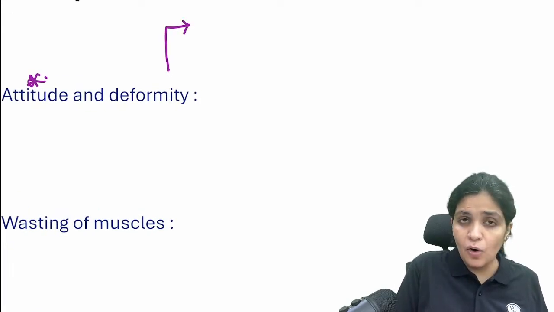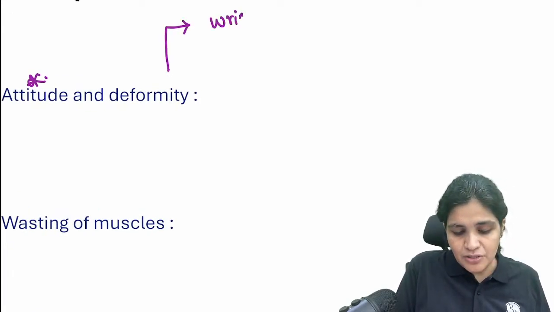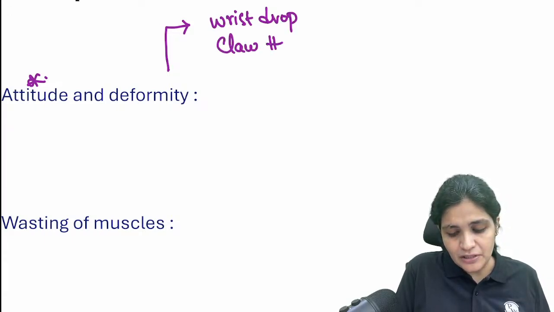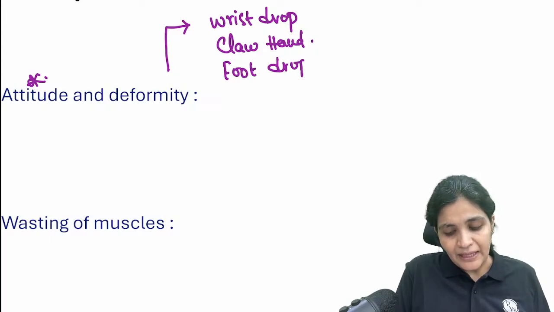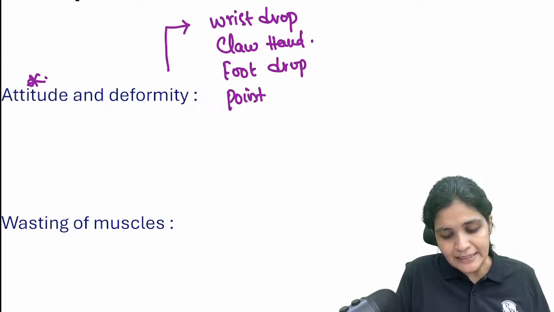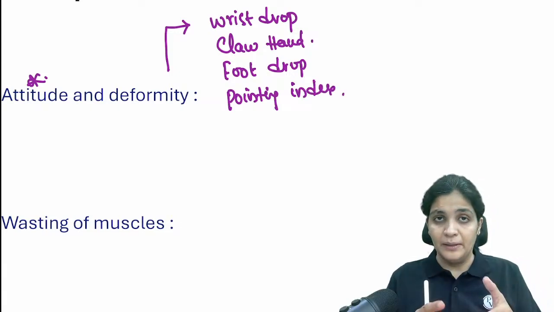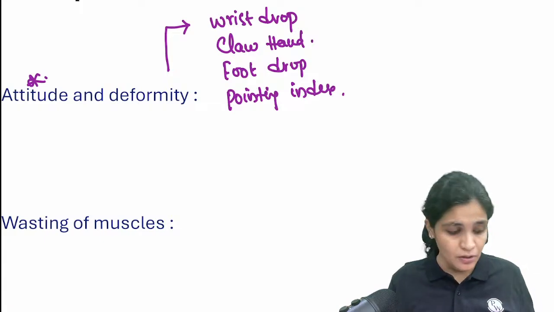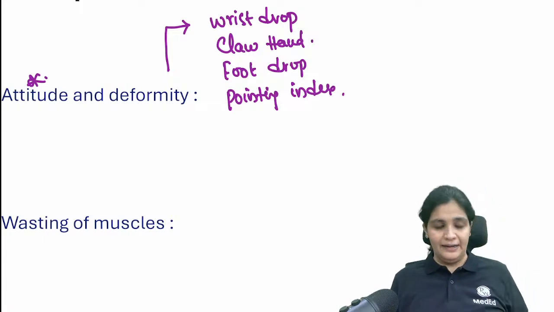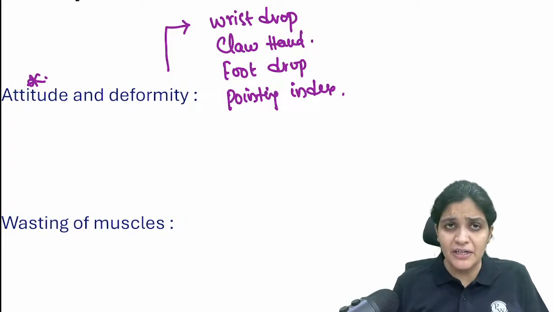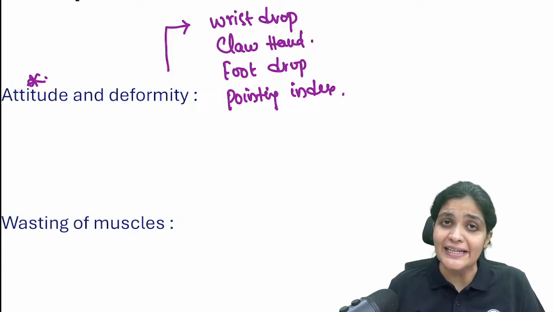As we have seen, there are a lot of deformities, such as wrist drop, claw hand, and foot drop, and then the patient can present with a pointing index, which is not actually a deformity, but usually they complain that this finger is not working properly, or there is a problem in this so and so area of the hand, right?